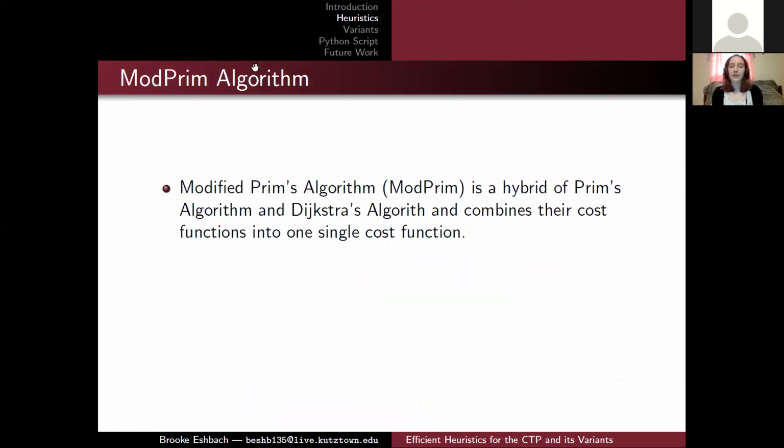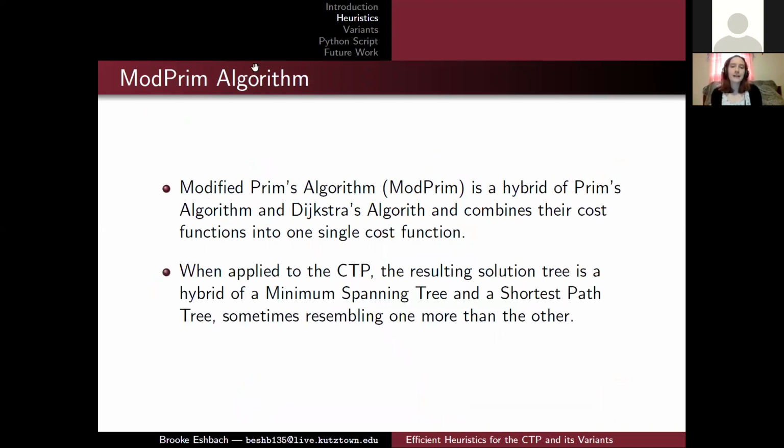But now if we're going to look at ModPrim, that's actually a hybrid of Prim's and Dijkstra's algorithm, as I said earlier, and it actually takes their cost functions and combines them into one cost function so we can minimize everything all at once. And when we apply that to the CableTrench problem and apply it to a graph, we get a solution that is a hybrid looking solution of the two algorithms. Sometimes it might look more like a minimum spanning tree or more like a shortest path tree, but that all depends on what our tau and gamma parameters are.